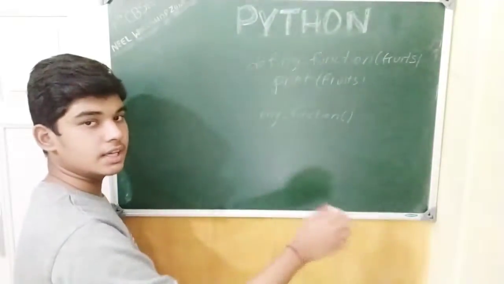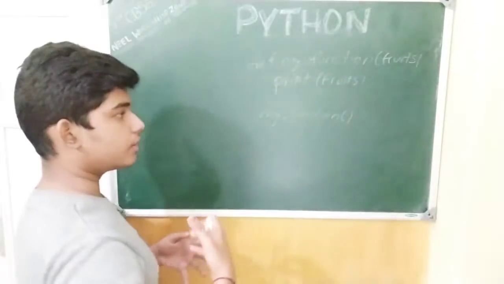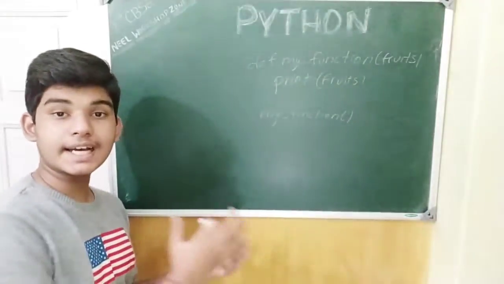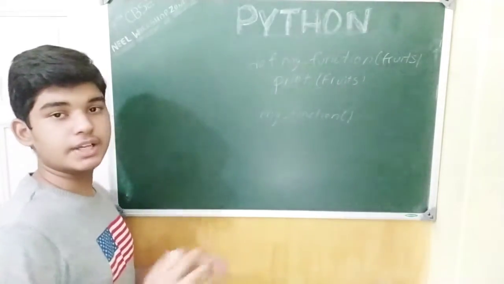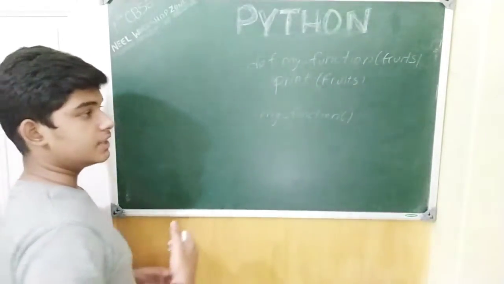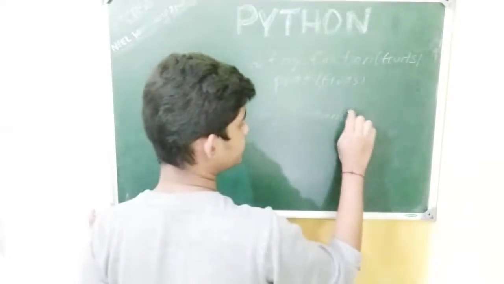But what if you didn't write strings? For example, what if you wrote numbers or lists or tuples, etc.? Will it accept it? The answer is yes, it does accept any type of data type. If you add tuples or lists as well, it will accept it.